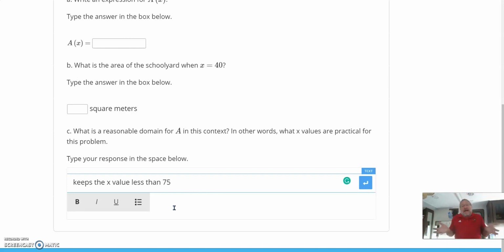That's exactly what we're talking about in the idea of domain. What X values make sense for this problem? You could also say that it doesn't make sense to have a negative X value. What's a negative fence length look like? So that's the idea of domain. Just put some sort of sentence that says, hey, we've got to keep this X value in this area, otherwise it just won't make sense. We won't have enough fence, per se.